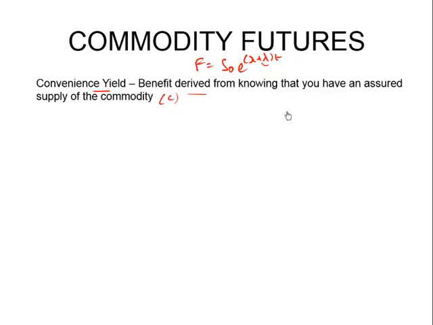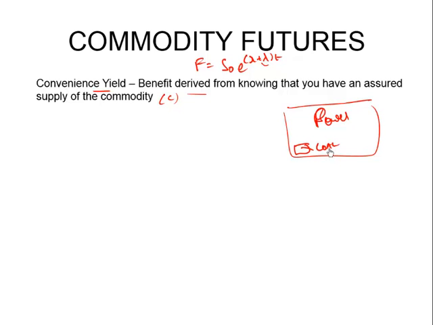Now if I am a power manufacturer, then billions of dollars have gone into the construction of this power plant, and it's a thermal power plant, so without coal this power plant is useless.